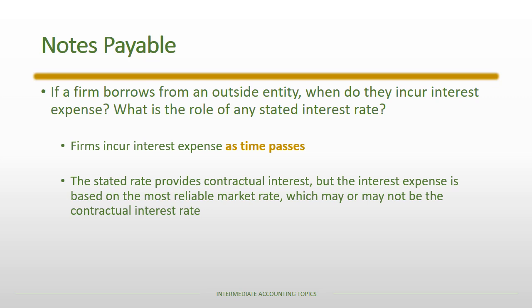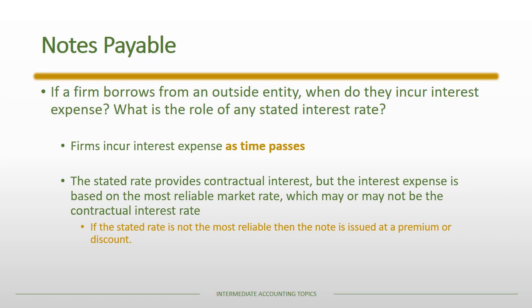Now there is a role for the stated rate because it does provide the contractual interest payment. So that's going to drive the actual liability itself. Ultimately, though, the interest expense is based on the most reliable market rate, which many times is the contractual interest rate, but does not necessarily have to be. If the interest rate from the market and the interest rate on the note are not the same, then the note will be offered either at a discount or at a premium.